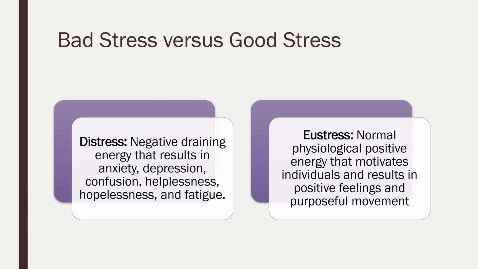Stressors such as a death in the family, financial overload, or demands of school can cause distress. Eustress is normal physiological positive energy that motivates individuals and results in a positive feeling and purpose for movement. Examples of eustress are a vacation, playing your favorite sport, or the challenge of a new job.